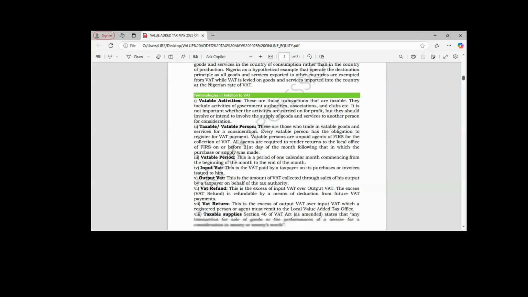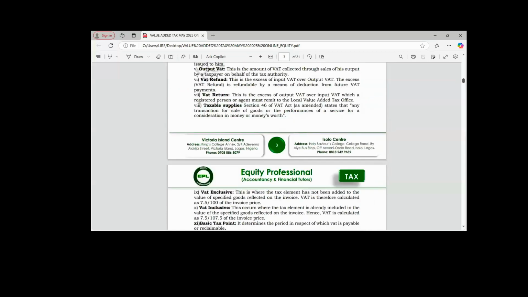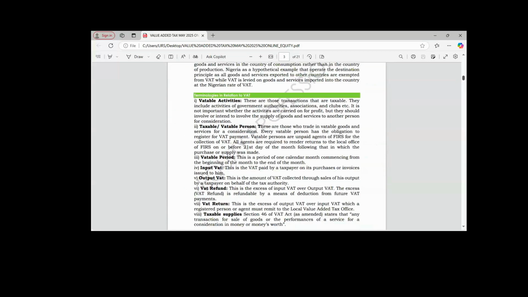There is a time limit for the remittance of that amount, which is 21 days of the following month. Within 21 days of the next month, you must remit what is due, all the VAT that you collected for the previous month, to the relevant tax authority. Failure to do that will attract penalty and interest.